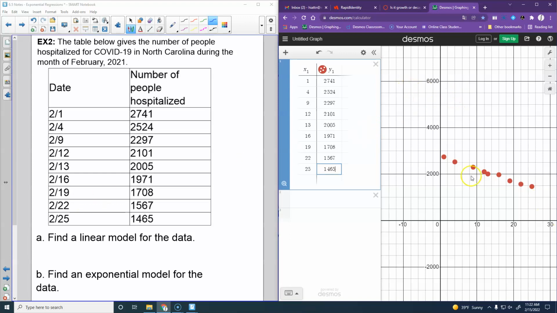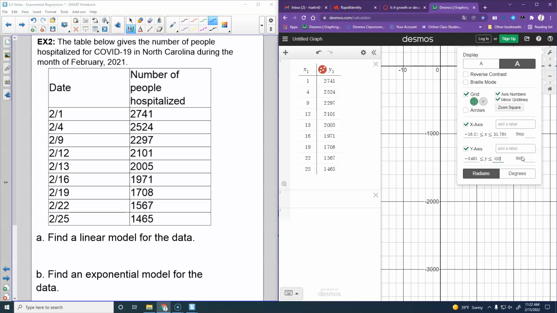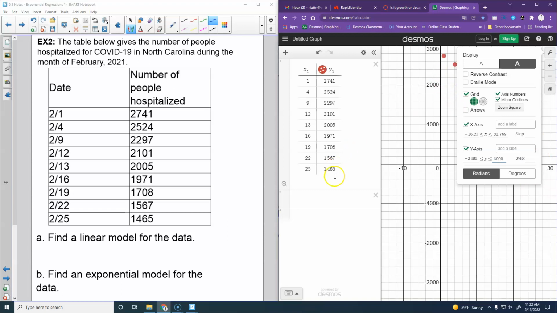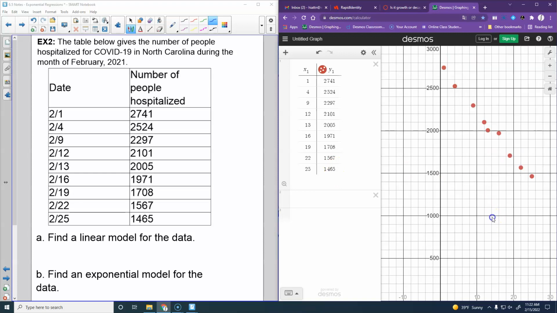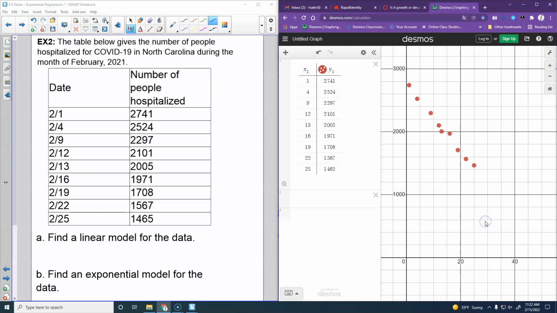And I actually have a pretty good graph right here, but I'm going to make my y's a little bit smaller. So the highest number I had is 2,741. I'm going to just go with 3,000. That's close. And I'm going to put 0 here on the y-axis so that I can get a little bit better picture.